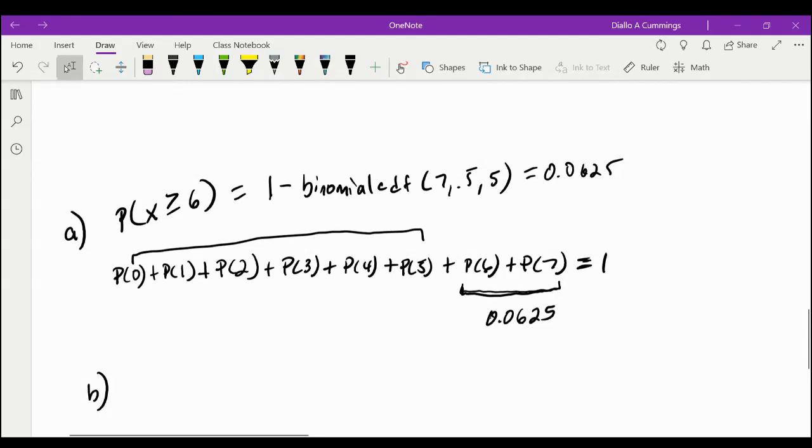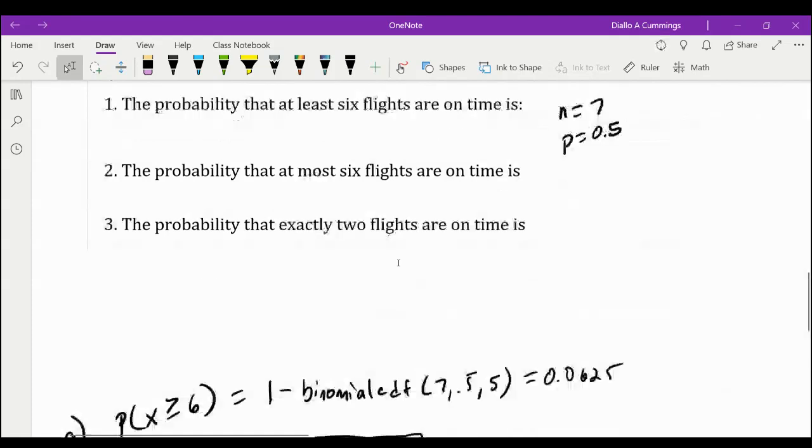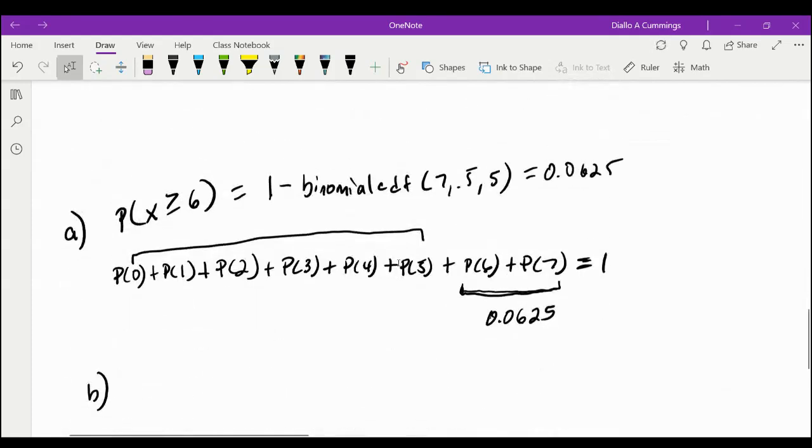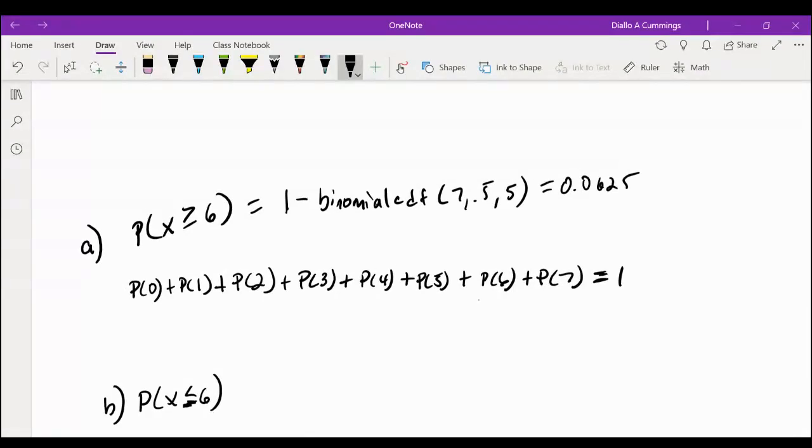So if we take a look at B, we want the probability that at most 6 flights are on time. So this is the probability that X is less than or equal to 6. All right. So if I want the probability that X is less than or equal to 6, I actually want the probability from 0 through 6, right? And I would include 6 because of that at most 6.